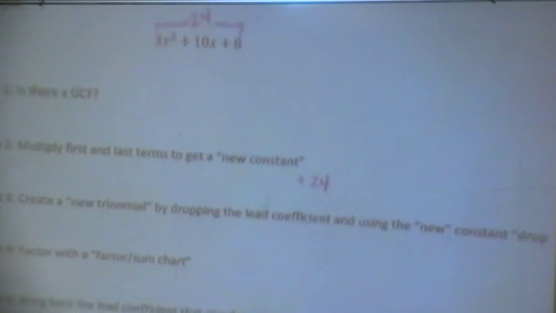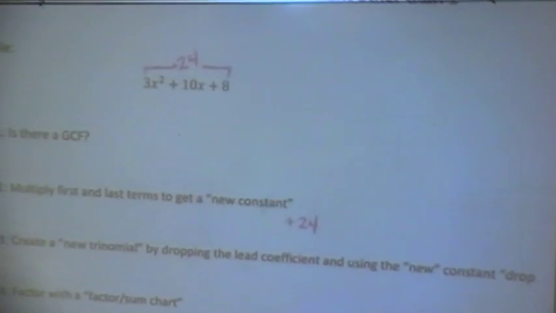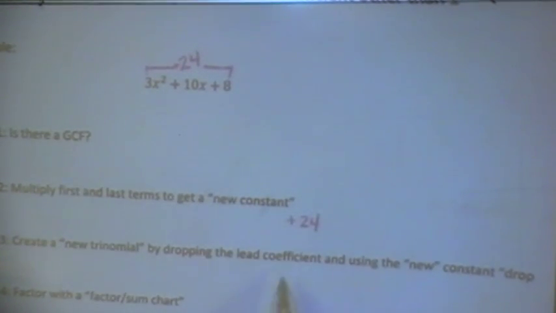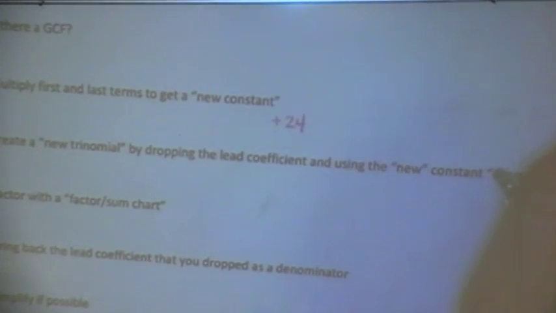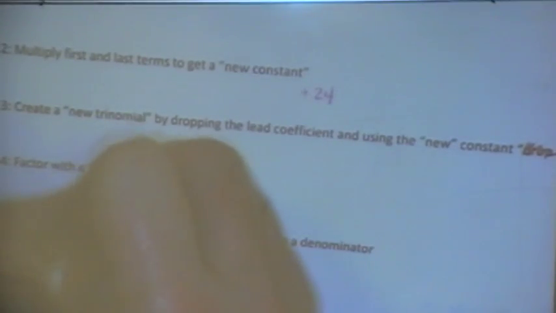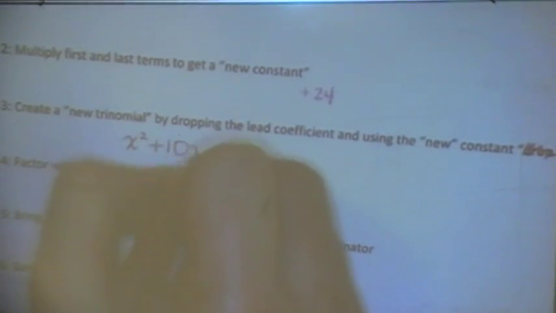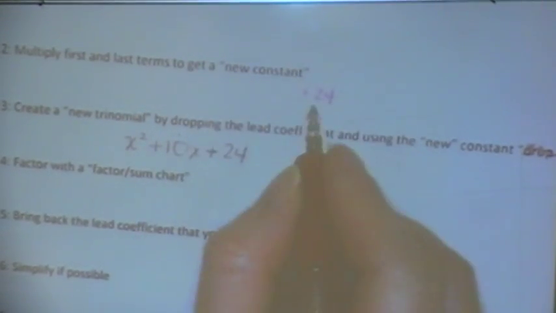Step 2 says create a new trinomial by dropping the lead coefficient. So I'm going to drop that 3 off and use the new constant. I'm going to write x squared plus 10x, and instead of plus 8, I'm going to use that new constant I created in the step above, 24.